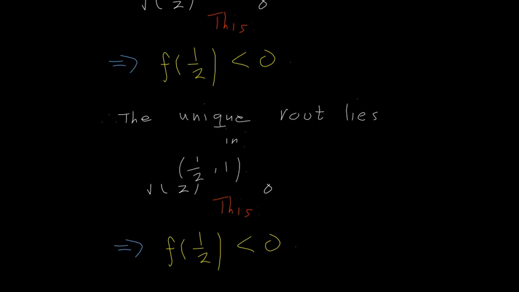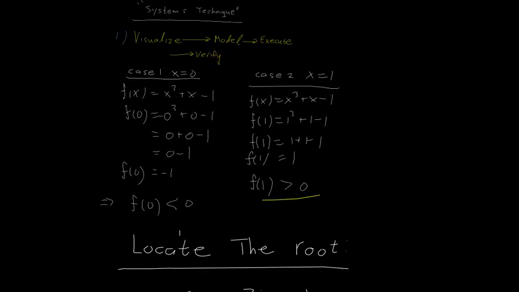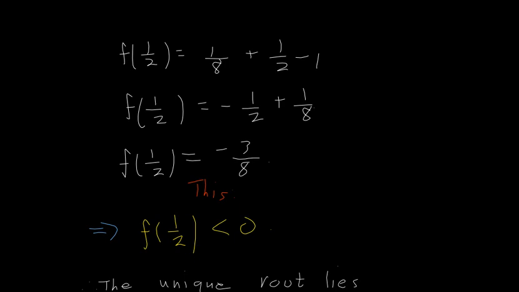That's where we have to look. And then finally, we have our verify step. Technically, it is the last part of my systems technique. Now we want to verify the answer.